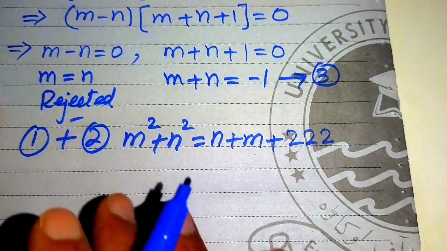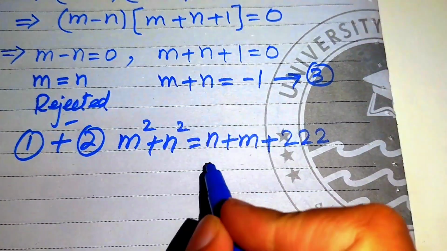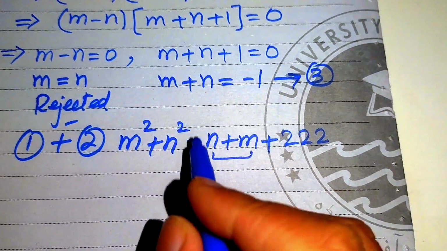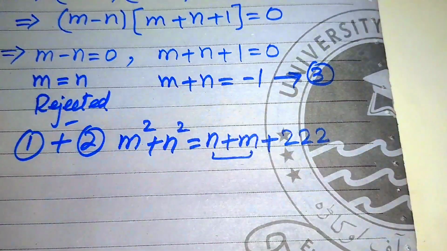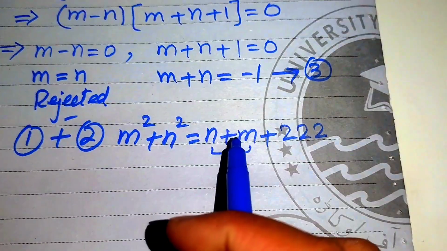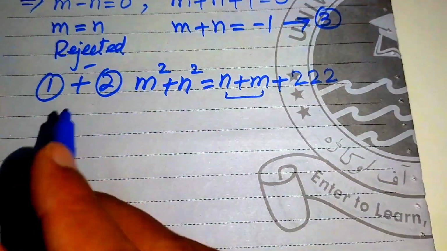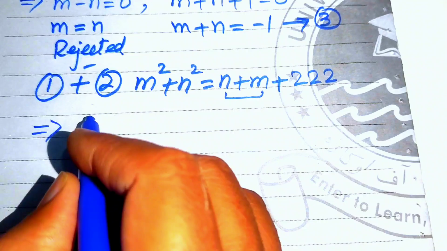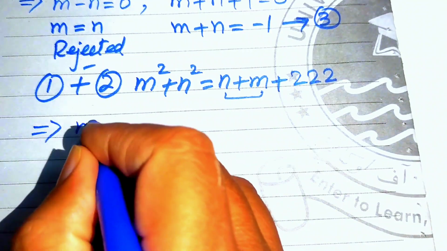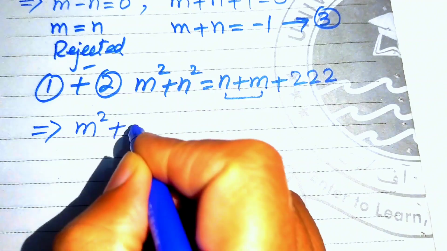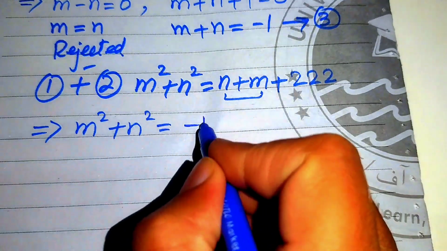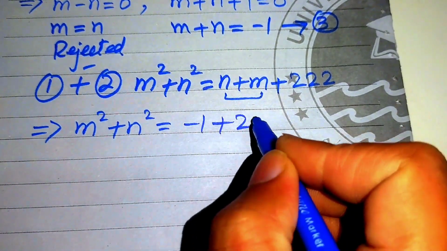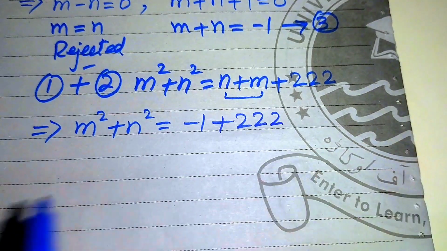222. Now in the next step, you see that we have m plus n, and from equation number 3, m plus n equals minus 1. So we put this value of m plus n here and we obtain m square plus n square equals minus 1 plus 222.